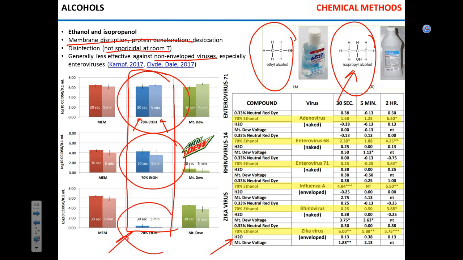Zika virus, on the other hand, is practically gone after being exposed to ethanol. Now, do you really have to be concerned about Zika virus on the surface in the healthcare facilities in the United States? The answer is no.